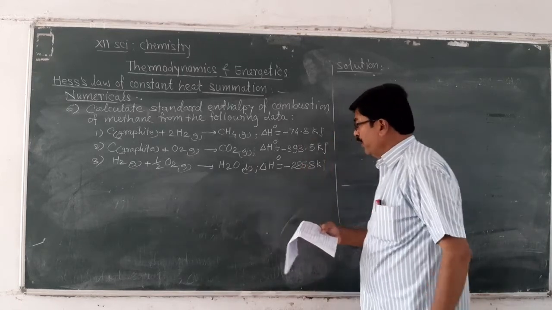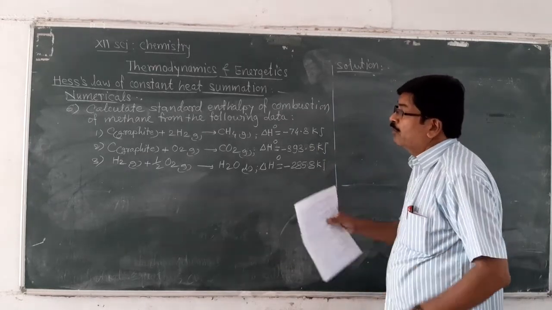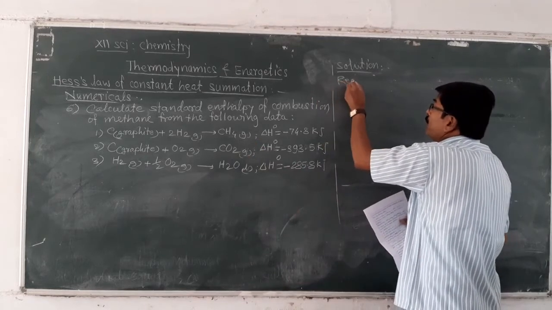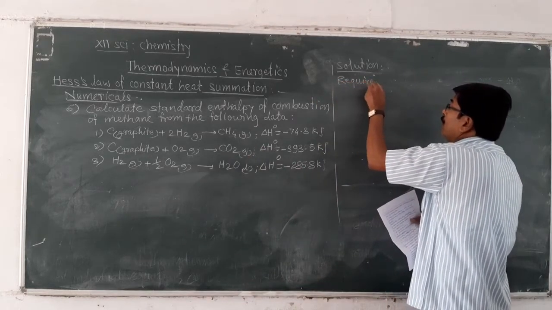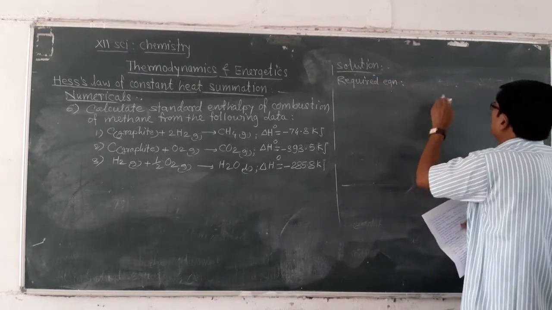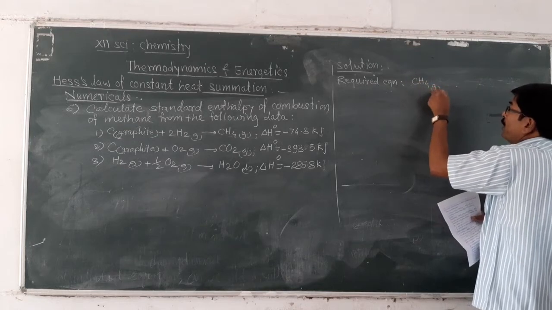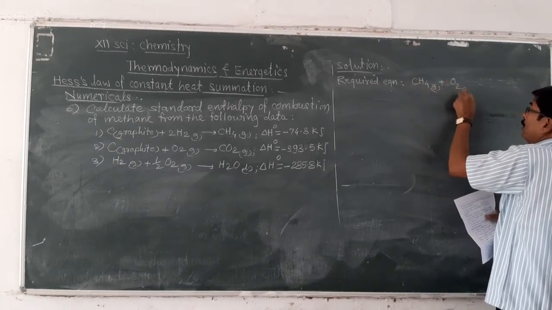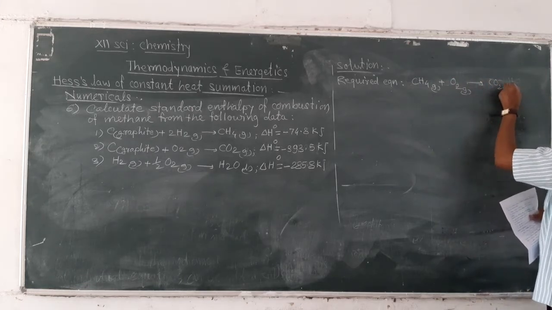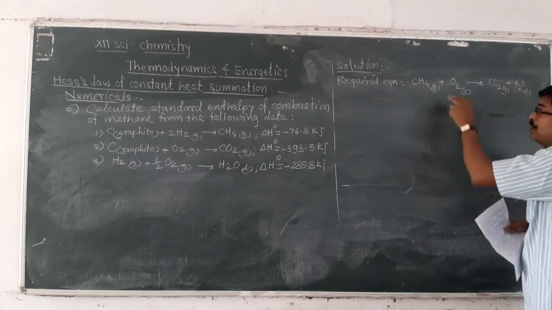From this data, we have to calculate the enthalpy of combustion of methane. That means the required combustion equation. What is the required combustion equation? 1 mole of methane in gaseous state is burned with oxygen to produce CO2 gas and H2O liquid. This is a rough equation.